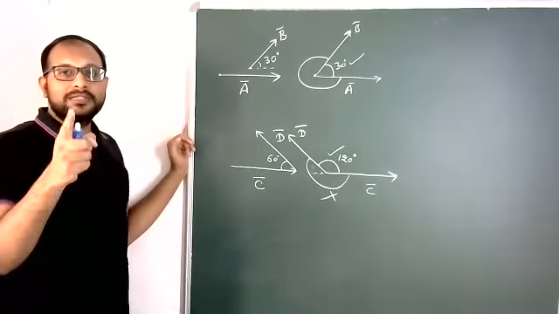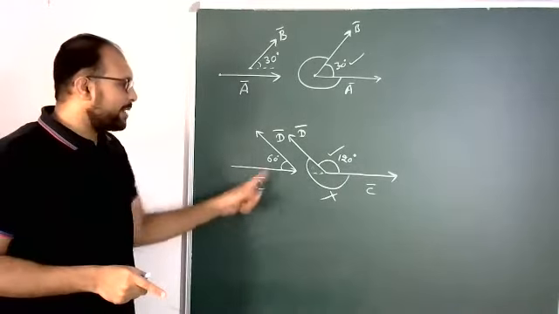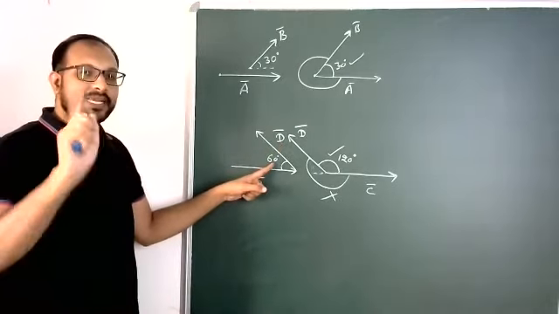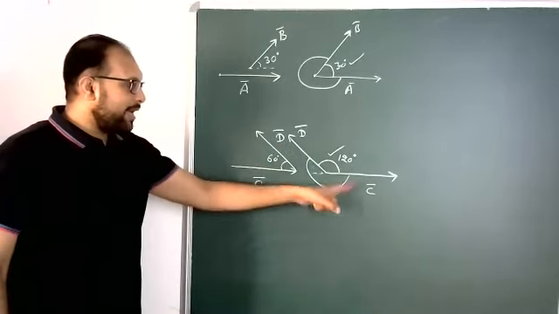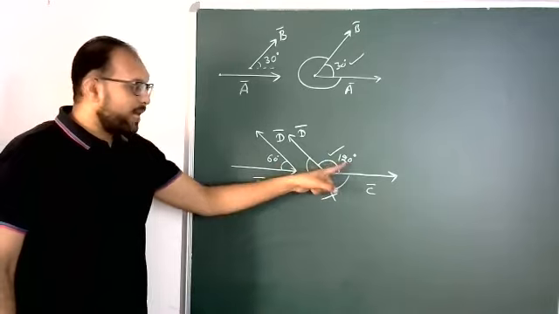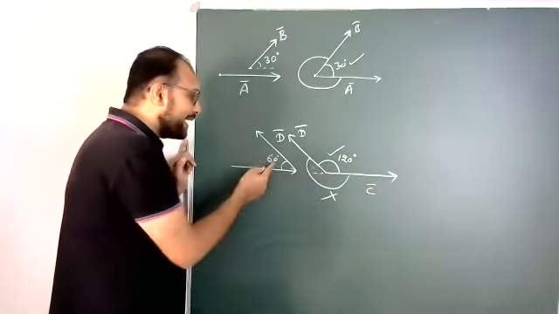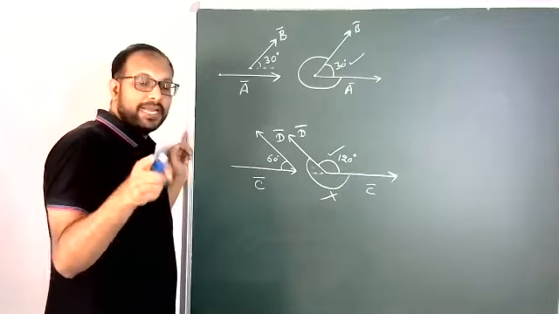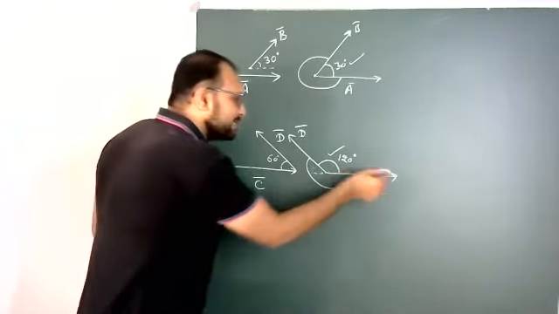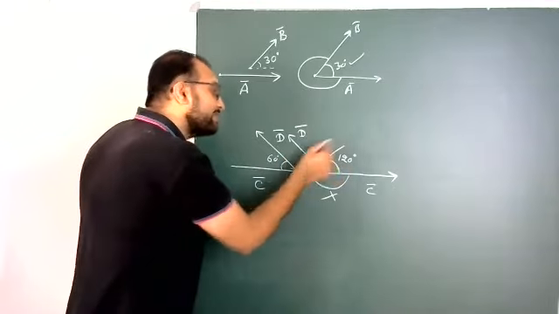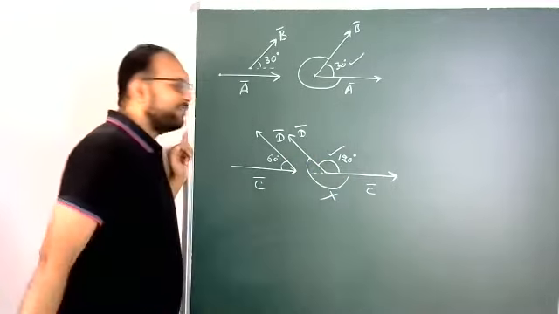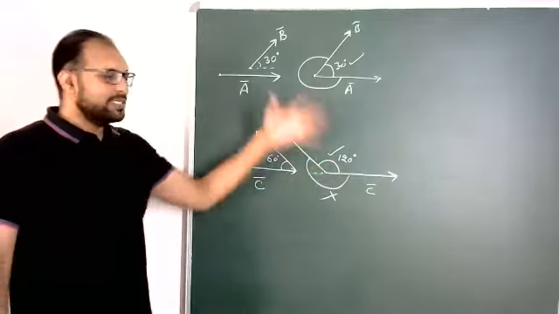So the angle between C bar and D bar is not 60. This is not the angle between C bar and D bar. Between means this is C bar, this is D bar, this is the angle between them. The angle between C bar and D bar is 120.